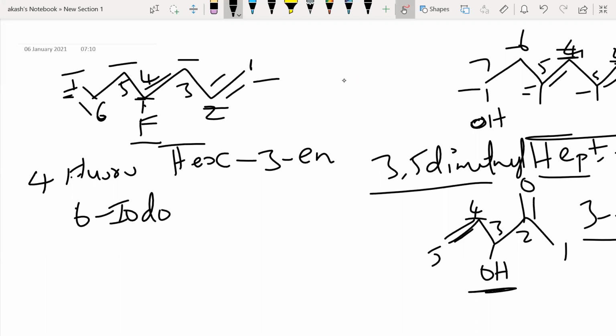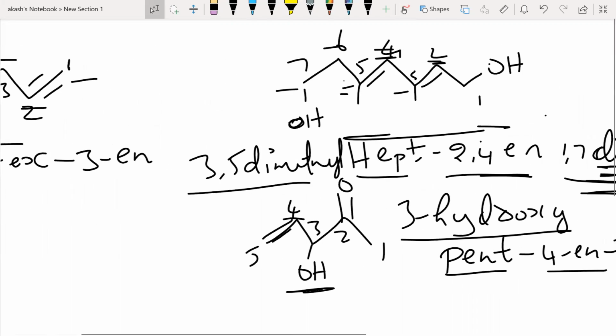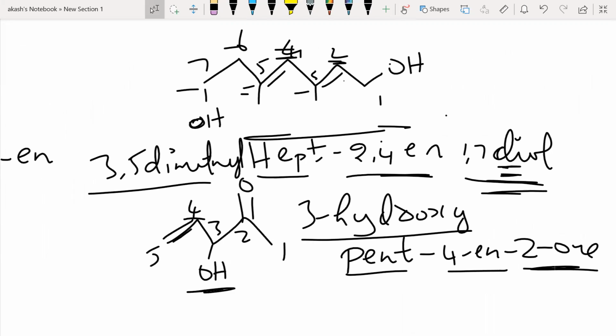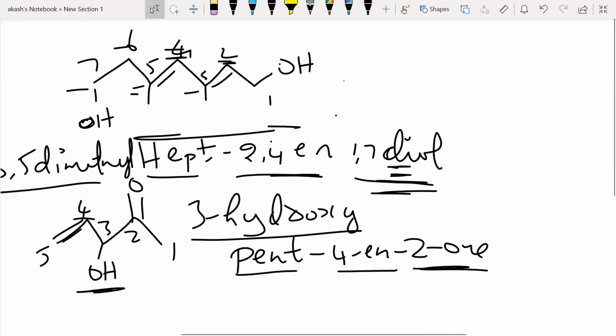You have to solve a lot of questions so that your priority order gets memorized. There are certain reasons why IUPAC gave such a priority order, but it is really not required for us. They have their own reasons, and even if I tell you the reasons, you will find them bogus. Anyway, we'll go to the next question. I hope everybody understood this hydroxy question. We'll move on.